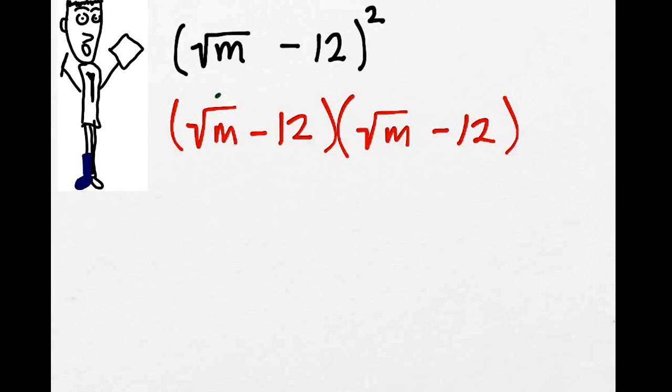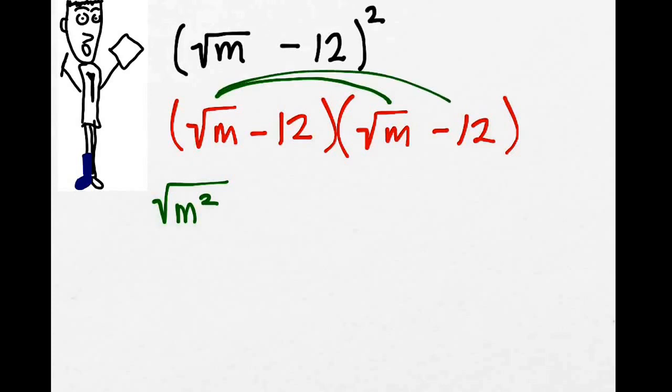So the root m times the root m, again, that's going to be the square root of m squared. If you're quick and you want to just call that m right away, that's fine. I'm just showing you this to emphasize the fact that when you multiply underneath, you can do this because they are both underneath and the exponents add. Now that root m multiplies on the end with this negative 12.